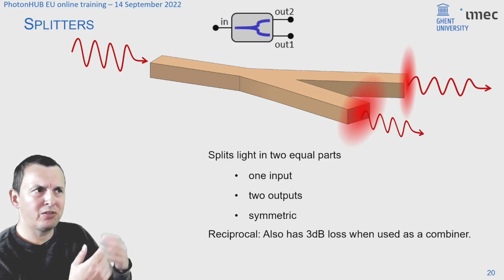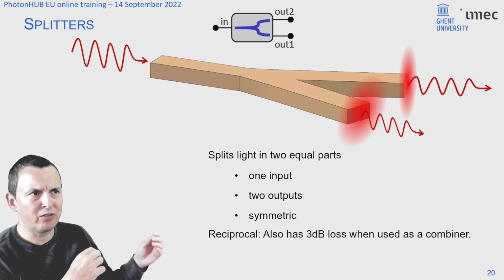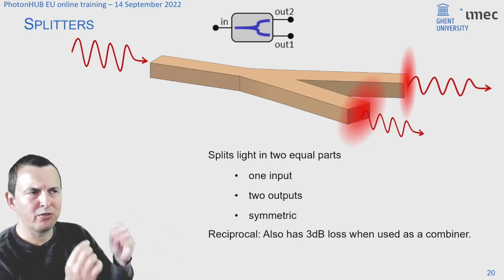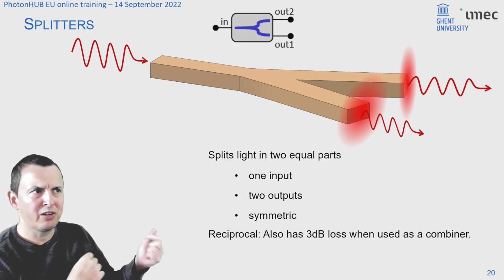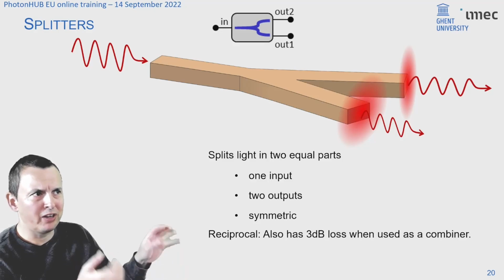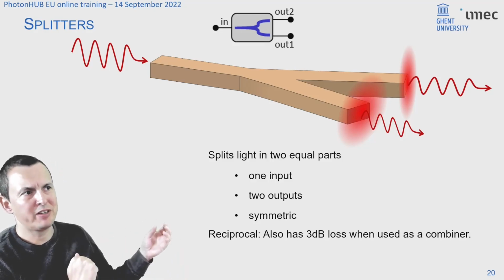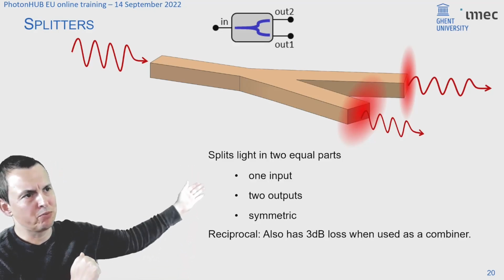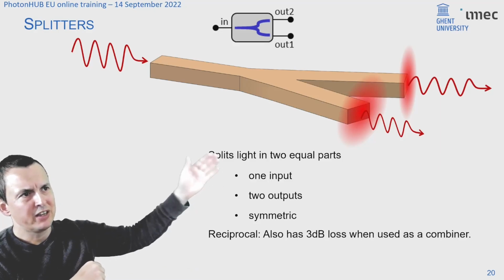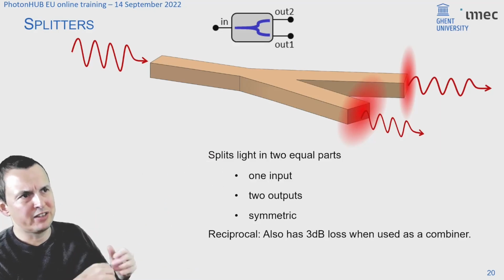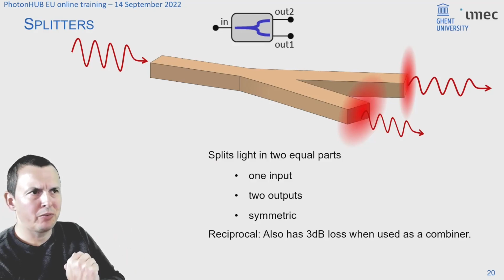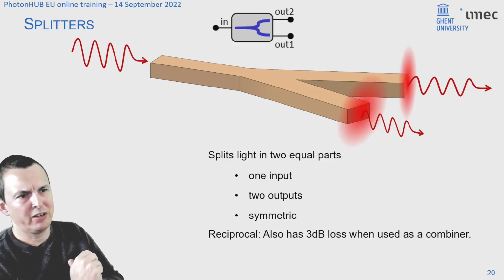So using a splitter as a combiner is a tricky part, because the only time when you can basically get all the light from your outputs back into your input, is when you inject both outputs. You reverse all the light at the same time, so you basically inject light from your two outputs exactly in phase into your device, and then it will come back out at the input. Otherwise, your device will be inherently lossy.